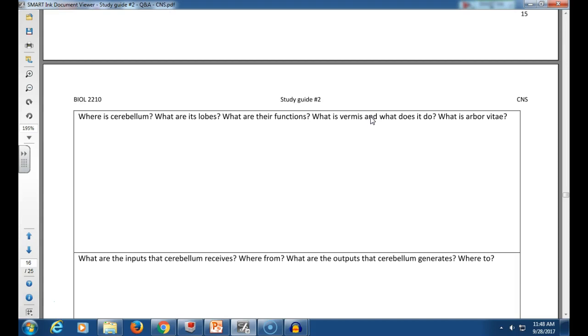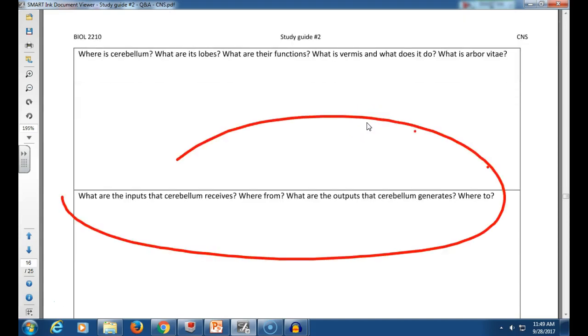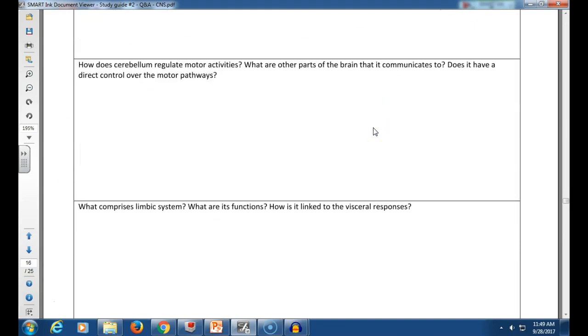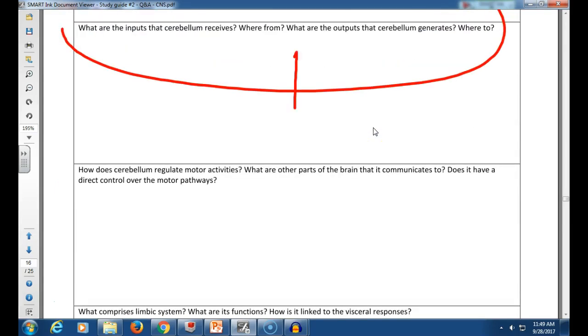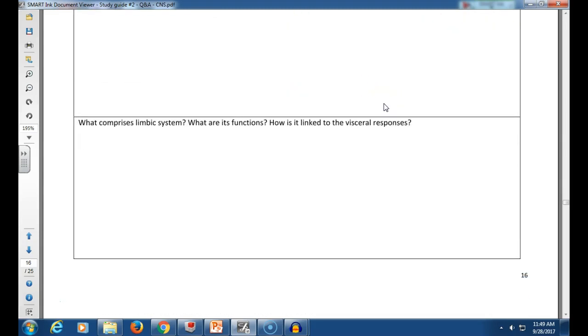Visual, vestibular, proprioception, and planned movements. Okay? There you got it. It kind of linked. Okay? Cerebellum communicates with the cortex, with the peripheral receptors, but does not control muscle activity directly.